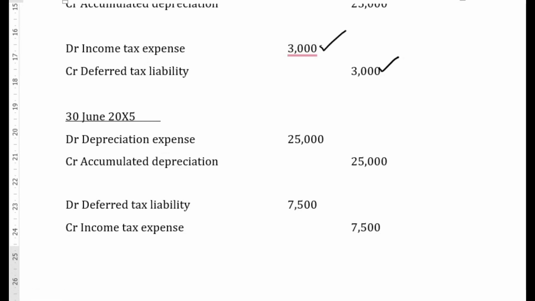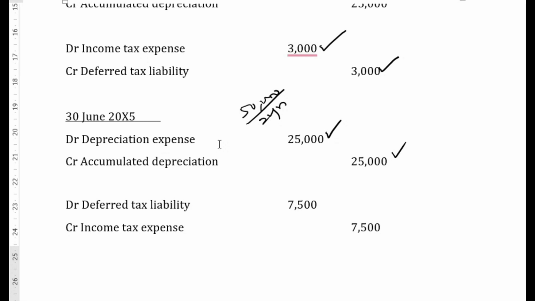And year 5, the remaining year, the 50,000 asset value is depreciated over 2 years. This is the second year. Debit depreciation expense 25,000, credit accumulated depreciation 25,000.